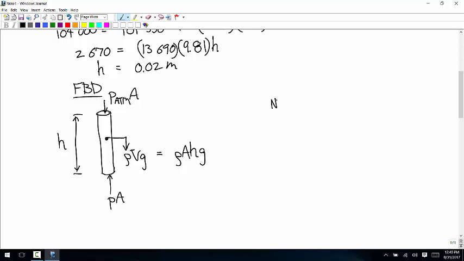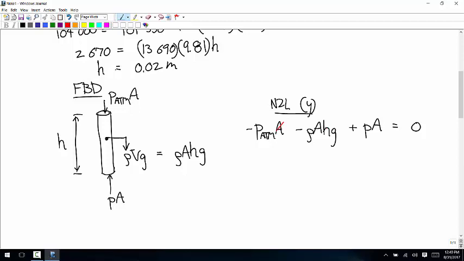It's at rest, so Newton's second law in the y direction says negative atmospheric pressure times the area minus rho A H G. Going the other direction now, plus P times A is equal to 0 because it's at rest.